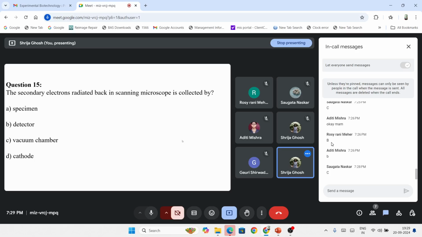Okay, so that says option C, vacuum chamber. Anyone else wants to answer? I'll explain the principle of the scanning electron microscope now so that you can answer better. Rosie says option B, detector. Okay.